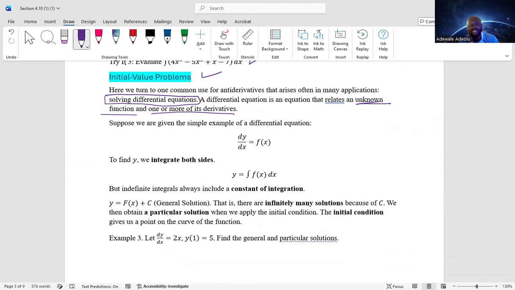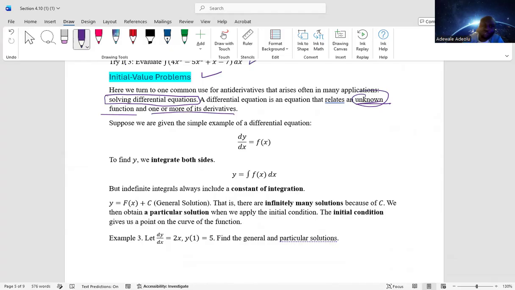But now you combine it with its derivative, maybe one or two of its derivatives, and use it to form an equation. Then we say it has become a differential equation. So it's an equation that relates an unknown function and one or more of its derivatives.